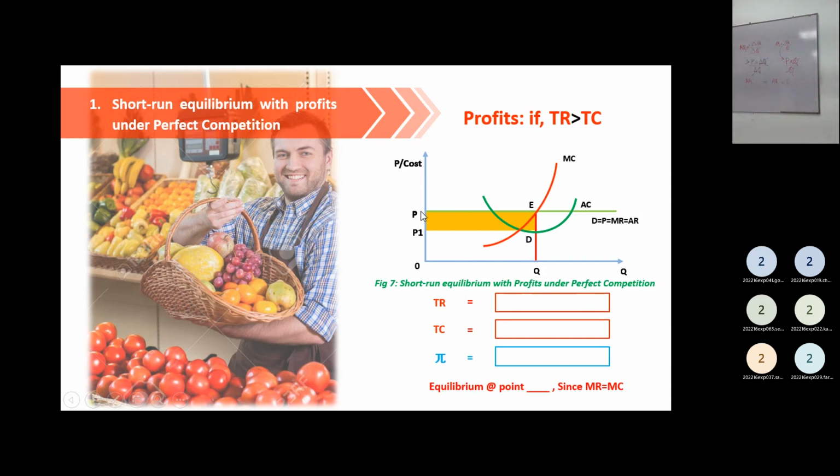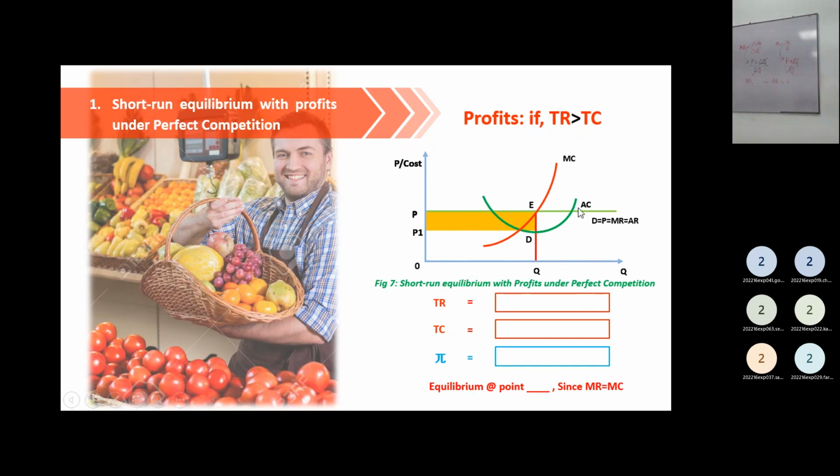This is actually the price at which you sell. Once you multiply your price, or the average revenue, by its corresponding quantity, what answer do you get? Your total revenue. So this simply means that this entire rectangle, this cream color area as well as this white color area, represents your total revenue. Clear?